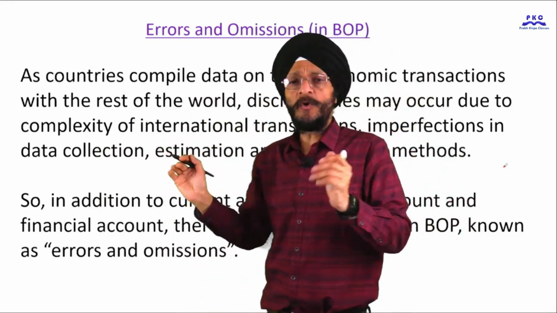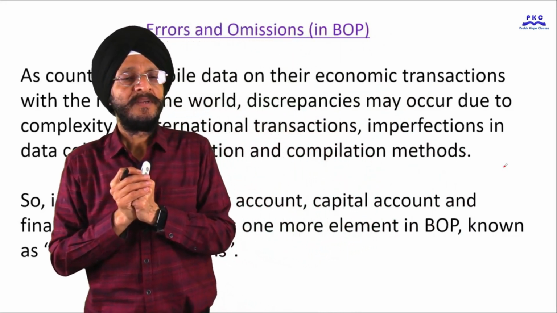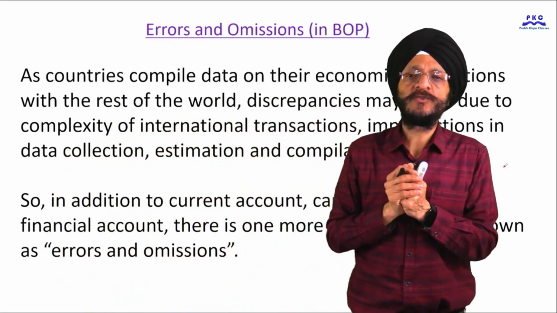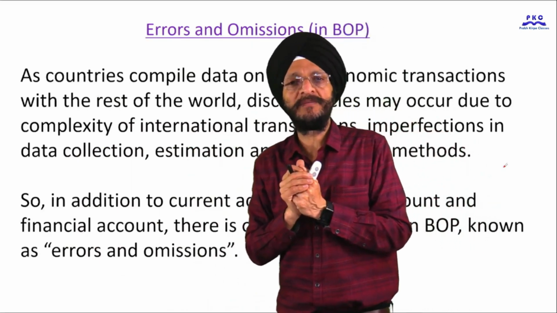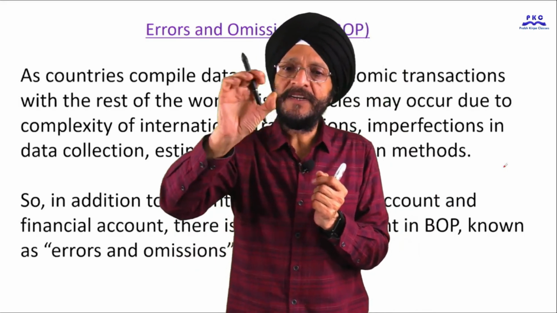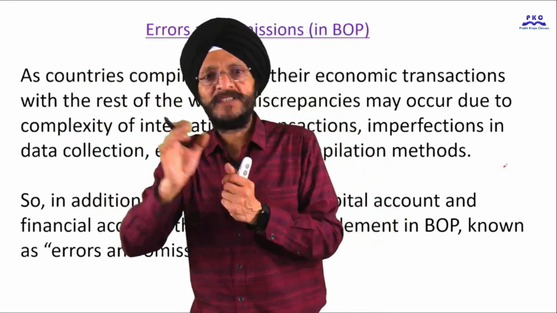When we are talking about balance of payments, as per the latest accounting standards of IMF, International Monetary Fund, balance of payments has been divided into three accounts: current account, capital account, and financial account.